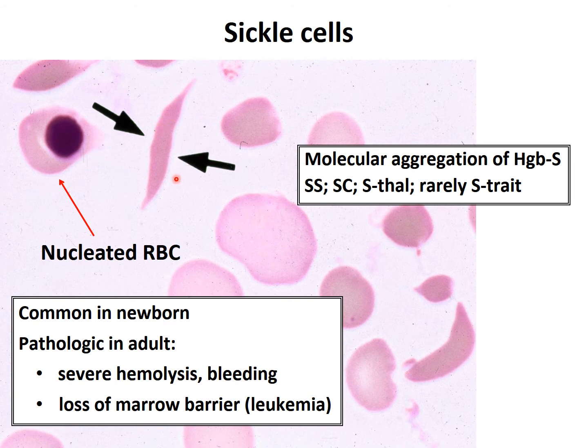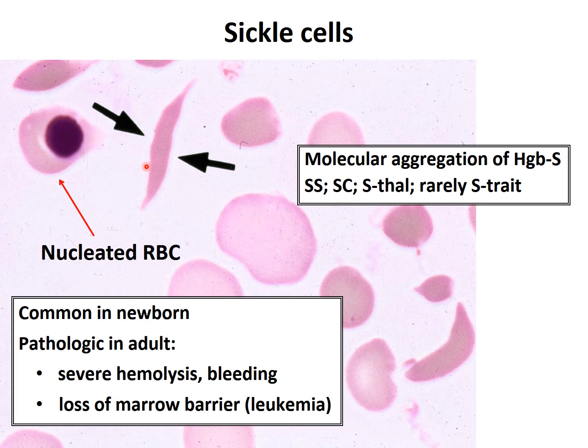Look at the sickle cells. You know that the cause of sickle cell anemia is a point mutation of the globin. Now we have hemoglobin S, which is going to polymerize in the deoxygenated state. So when we release all the oxygen in the periphery, this polymerized hemoglobin gives a rigid structure to the red blood cells, and the red blood cell takes the shape of the capillaries.